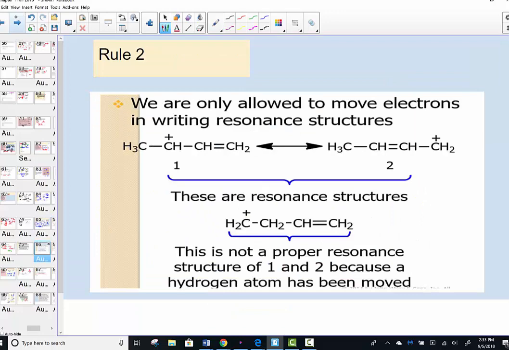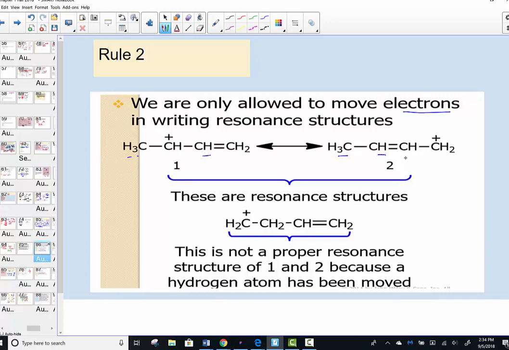Rule 2. We are only allowed to move electrons in writing resonance structures. So that means I can move electrons, but never, ever am I allowed to move atoms. So these are resonance structures. CH3, same. CH, the same.